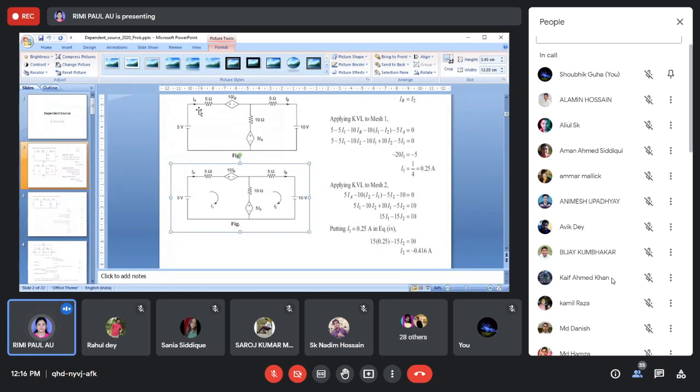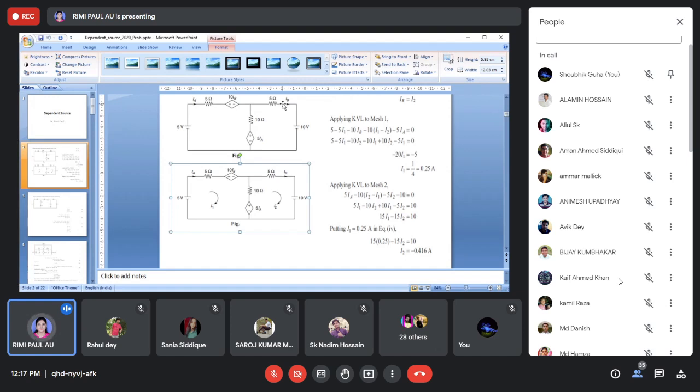Now you have to find out IA and IB. You already know the equation of this branch current and of this branch current. Now put the value of V in these branch current equations, and you will get IA and IB. So this is your task: you have to solve the problem and submit it zone-wise.